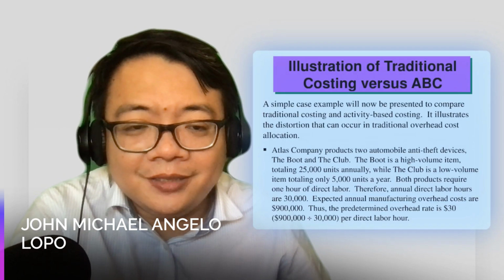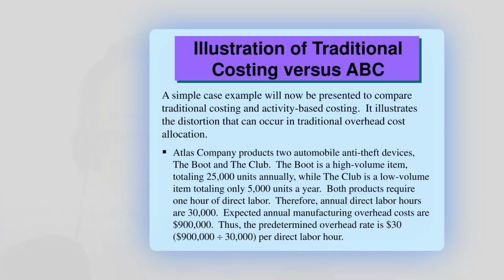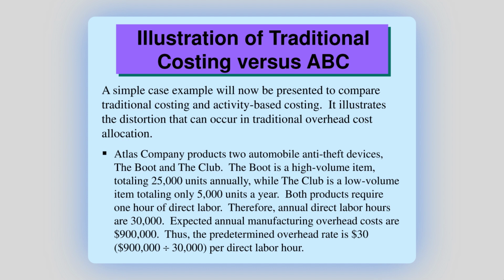Correct? Yes. Okay. So to illustrate this, as part of your traditional costing, a simple case example will now be presented to compare traditional costing and activity-based costing. For example, class, Atlas Company produces two automobile anti-theft devices, the Boot and the Club.